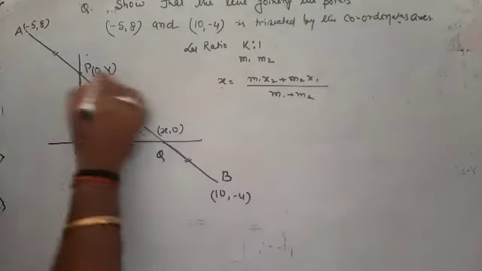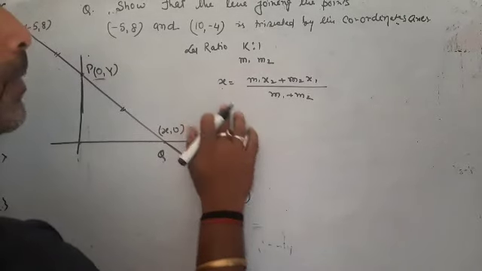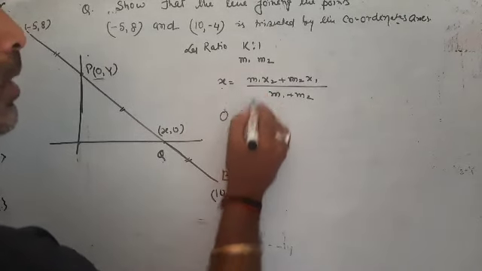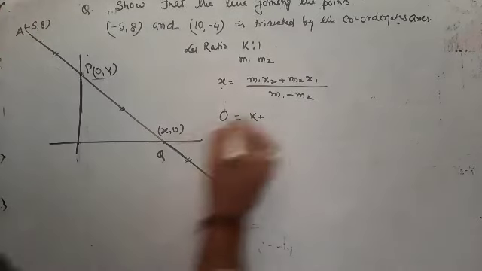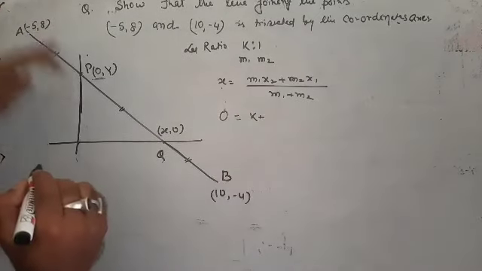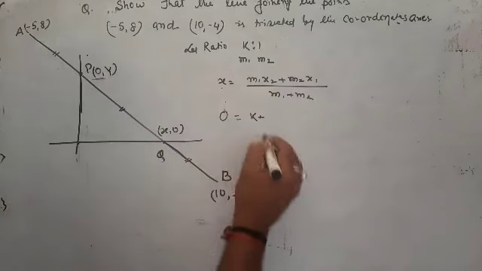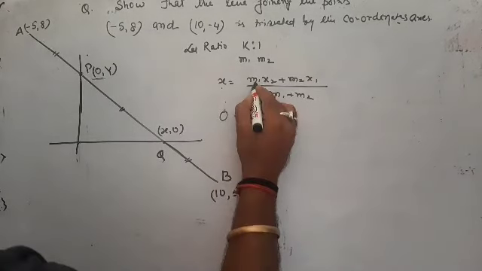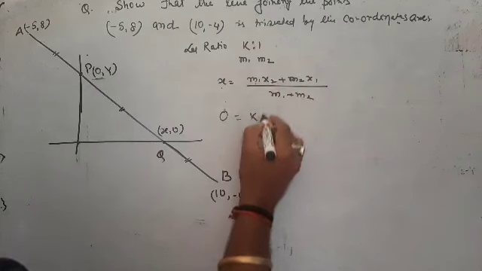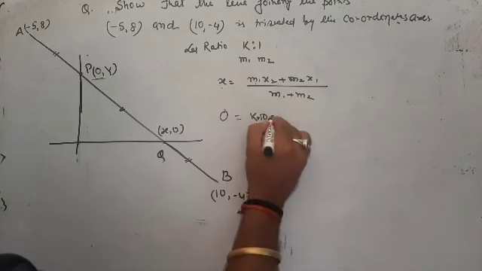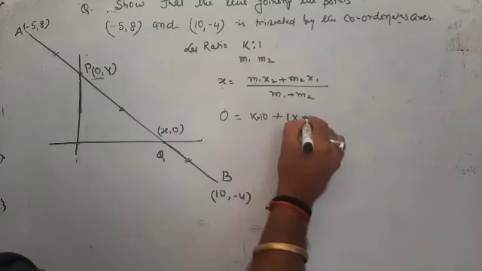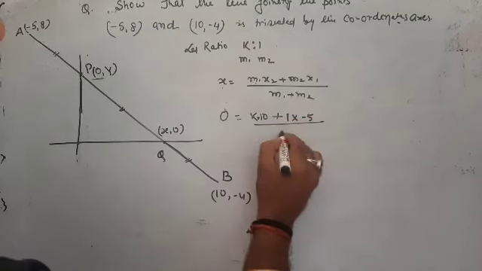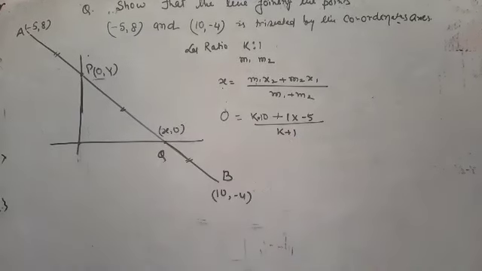In place of x, you put 0. For m1, you use k. This is x1, this is x2. So m1 is k, x2 is 10, plus m2 is 1 and x1 is minus 5, by k plus 1.